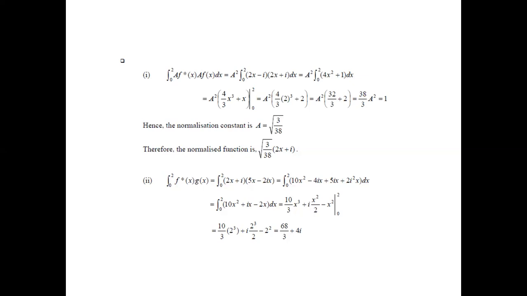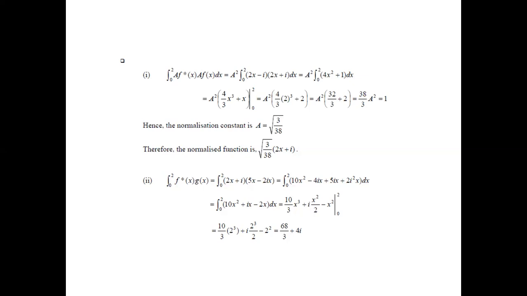The inner product of f and g is the integral from 0 to 2 of f star of x, g of x, but the dx is missing. You must always put the dx, or whatever you are integrating with respect to. This will be equal to the integral from 0 to 2 of (2x plus i) into (5x minus 2ix). The dx is also missing.